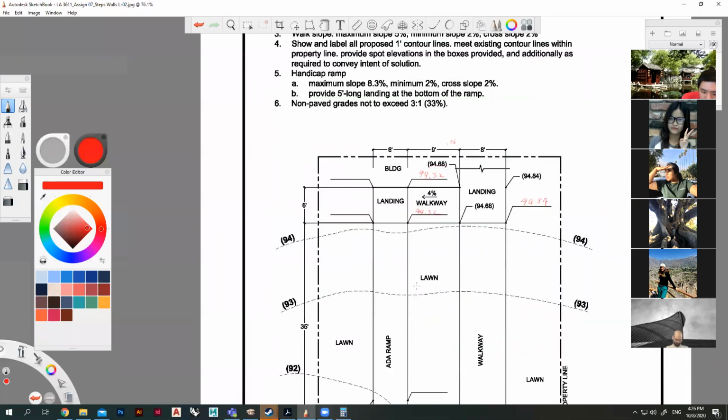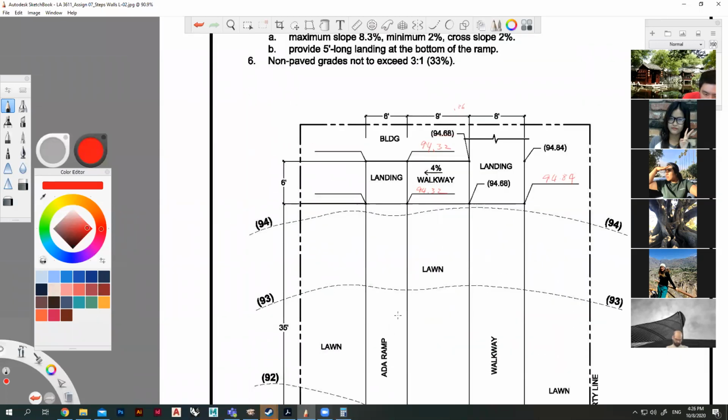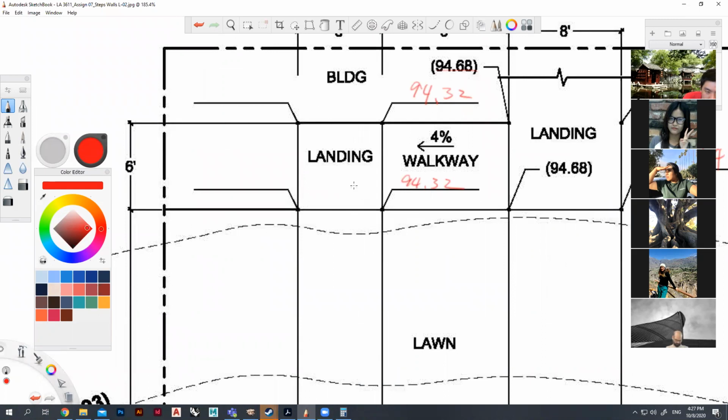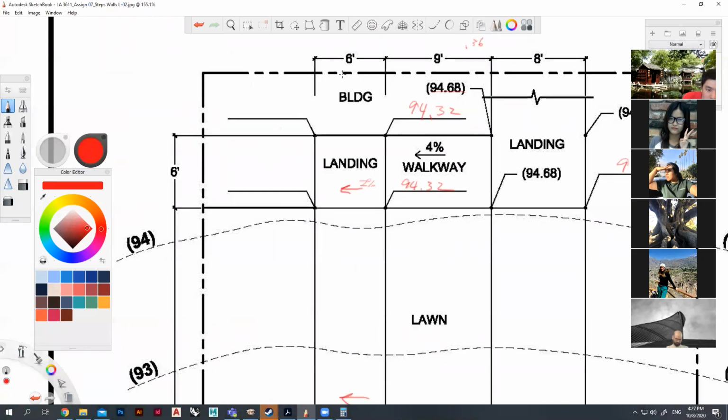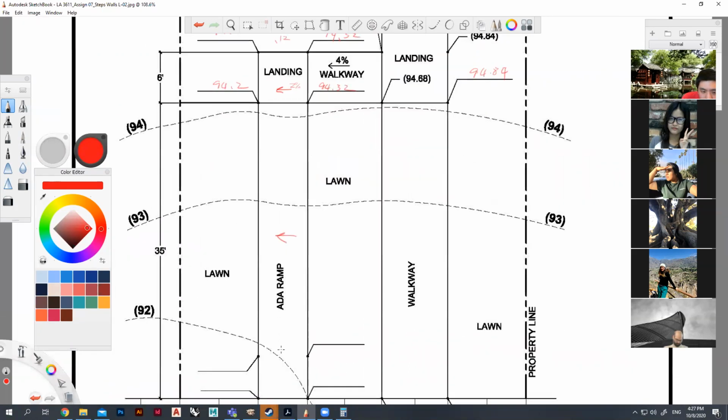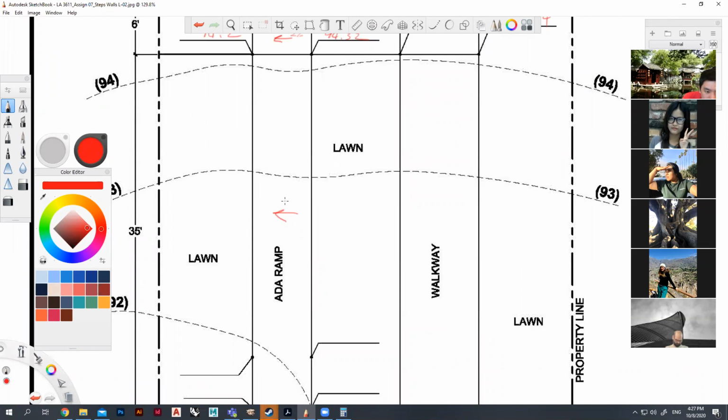So we know we need a 2% cross slope on the ramp here. The landing serves to connect this ramp to the walkway, so we use that same 2% here so that it will connect. And 2% with 6 feet, we get 0.12. So that's 94.2. And then we have that 2%.